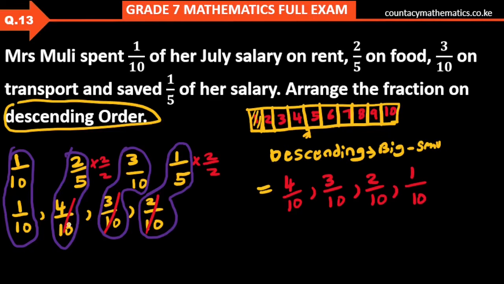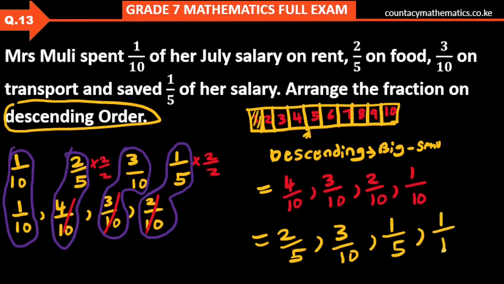What was 4/10? 4/10 was equivalent to 2/5. What about 3/10? It's just the same, we have not converted it. What about 2/10? 2/10 was equivalent to 1/5. And finally, this is 1/10, which was the same as before.